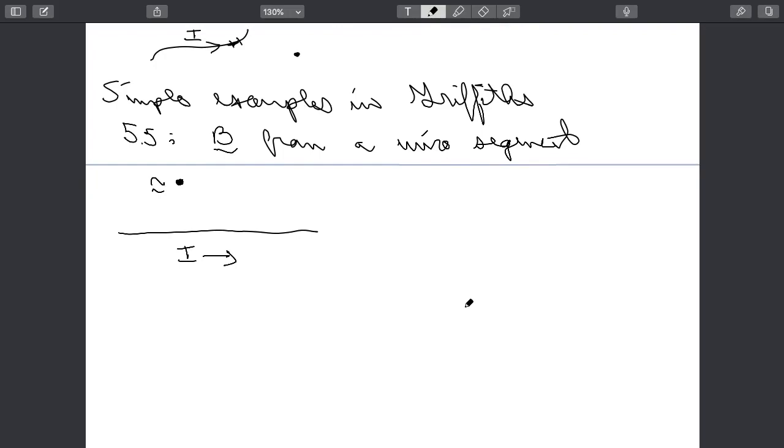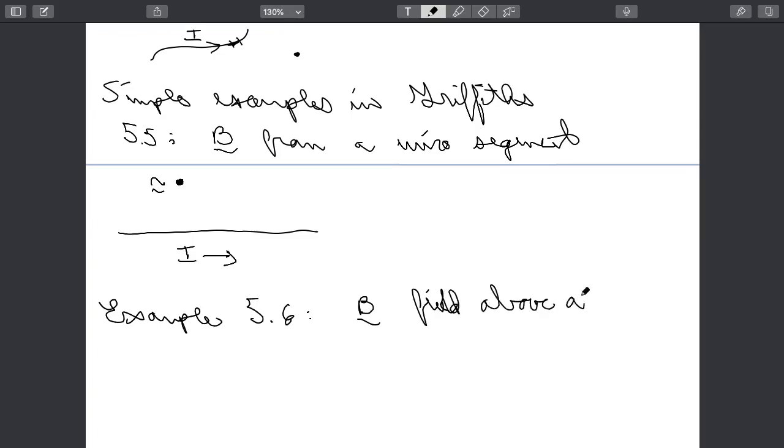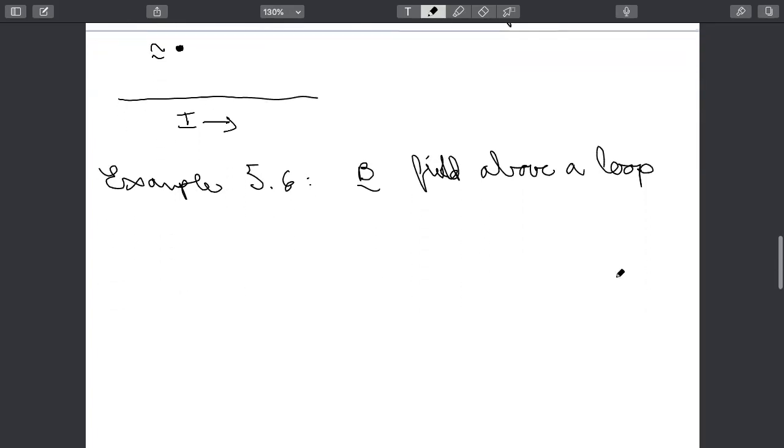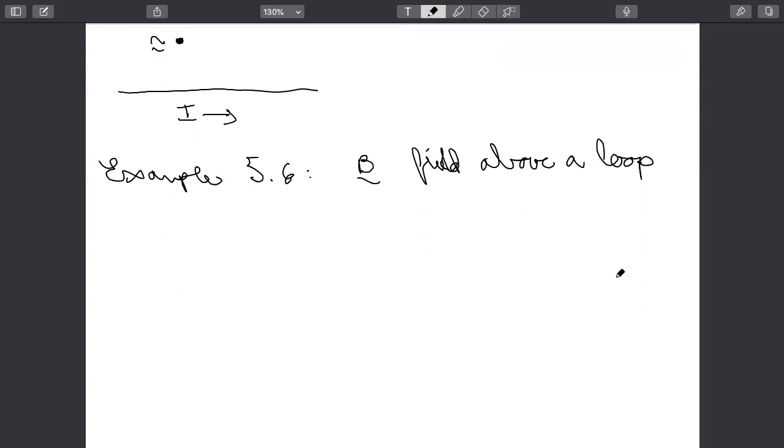Maybe one example that I could do, so let's just take 2 minutes to do this one. Example 5.6, B field above current loop. So let me try to impress you with my drawing skills.